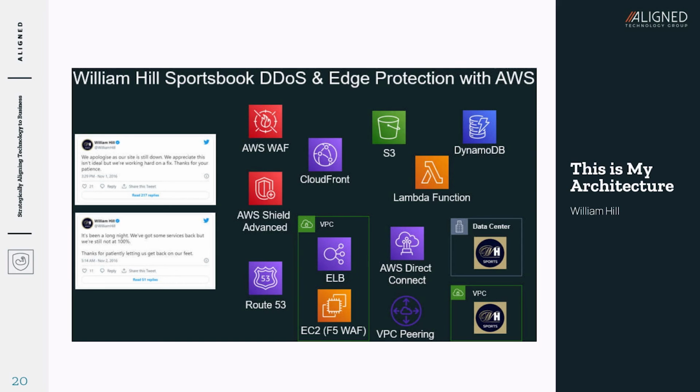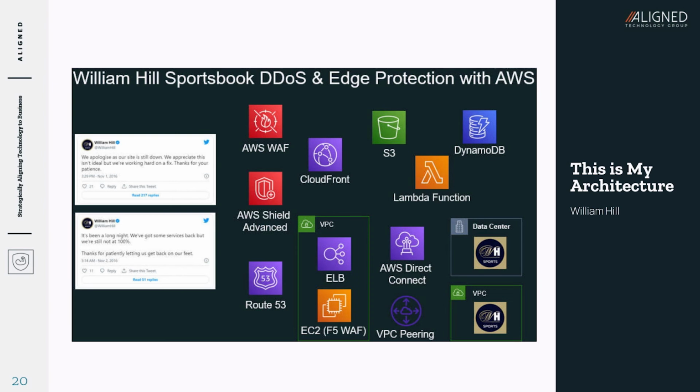In response, William Hill decided on a very strategic move. They decided to migrate services to AWS to leverage AWS Shield Advanced and AWS WAF to protect against DDoS and web application attacks, but also to take advantage of the elasticity that AWS offers, right?